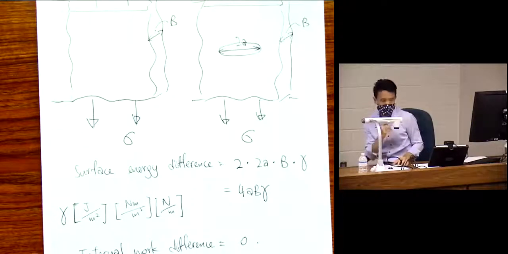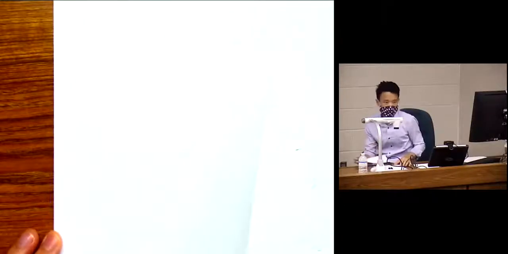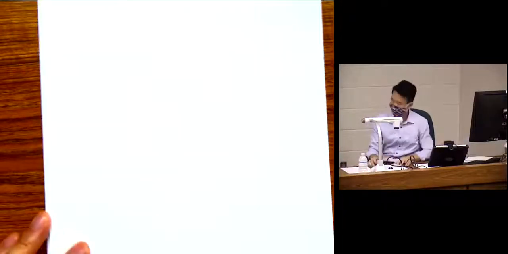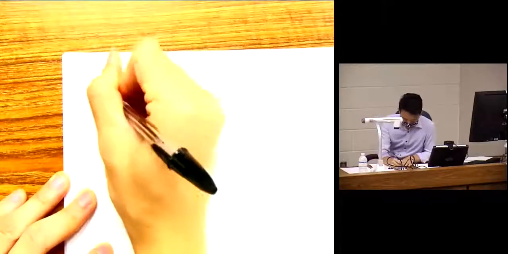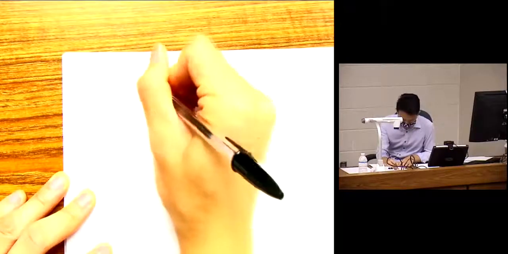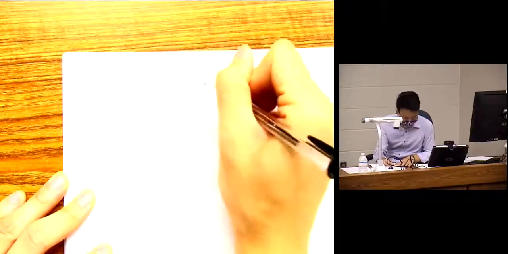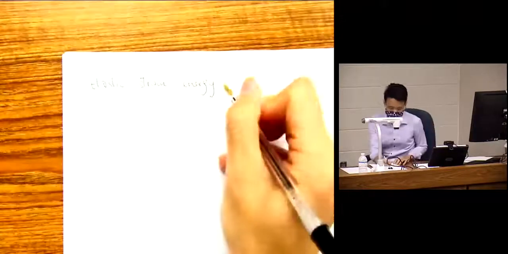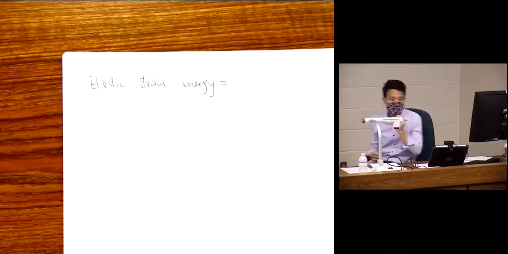So the last thing is that we need to account for the strain energy difference between these two. Now this is where it becomes difficult, because you need to calculate the stress field and use that stress field to calculate the energy.